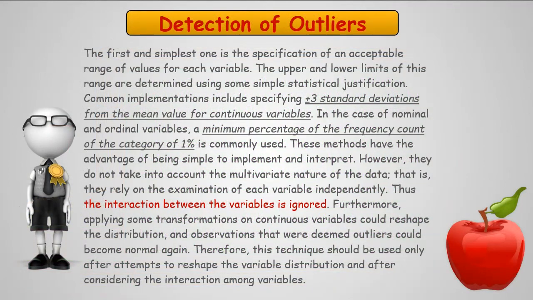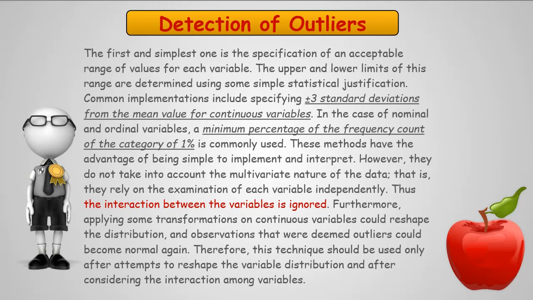The first way we can go about outlier detection, and it's incredibly easy to do in KNIME, is to just set an acceptable range for each variable. The upper or lower limits of that range will determine that anything beyond that range will be rejected. Typically, for continuous variables, we use 3 standard deviations from the mean.